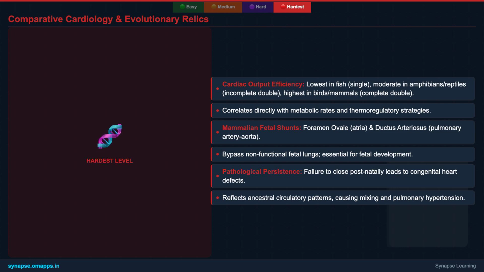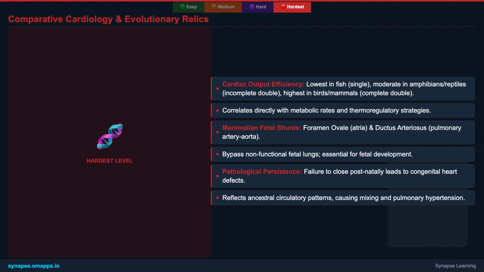However, birds and mammals, with their four-chambered hearts and complete double circulation, exhibit the highest cardiac output, crucial for sustaining their high metabolic rates, endothermy, and energetic lifestyles. This complete separation of oxygenated and deoxygenated blood is a key innovation.